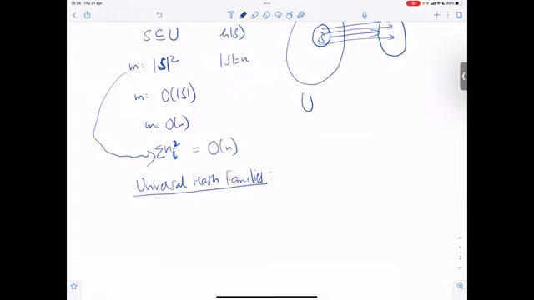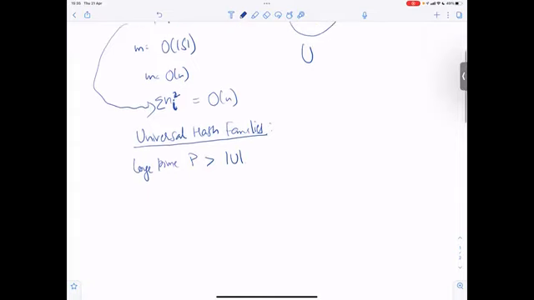This is not a very practical way, but it's easy to analyze. So first, let us do this. Take a large prime P, greater than the size of the universe. This is a massive prime. We don't know how to create such primes, but nevertheless, let's assume we have a handle on this prime P.